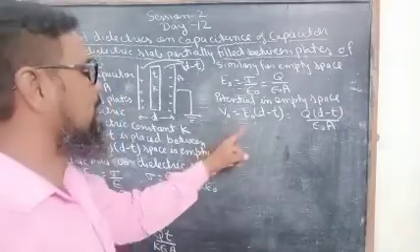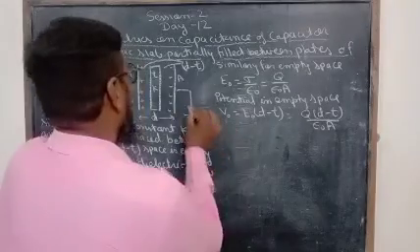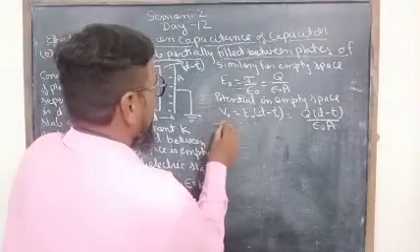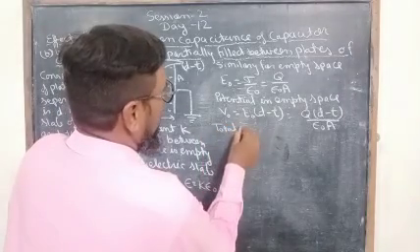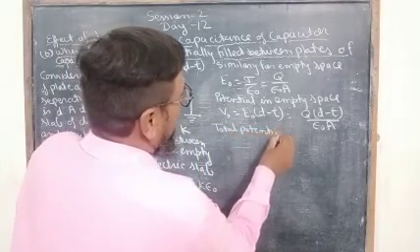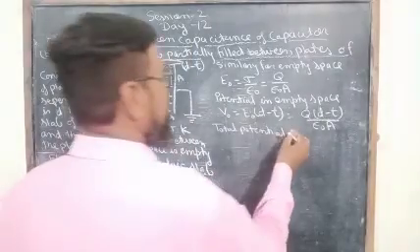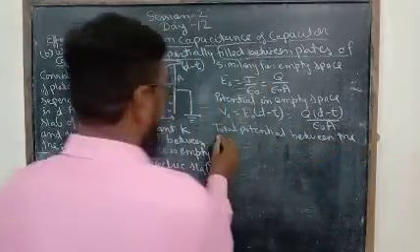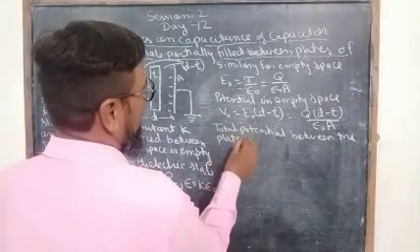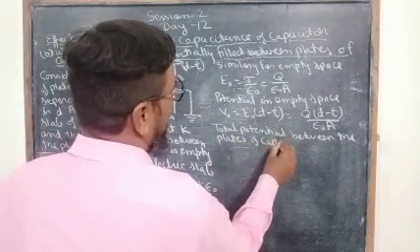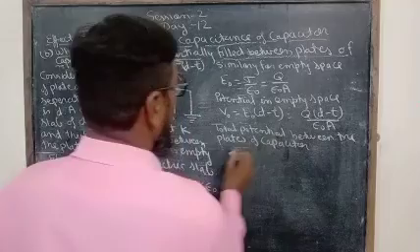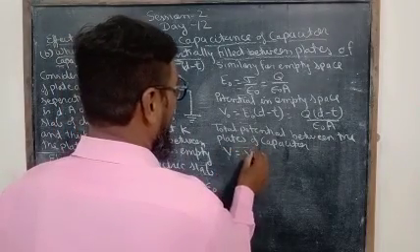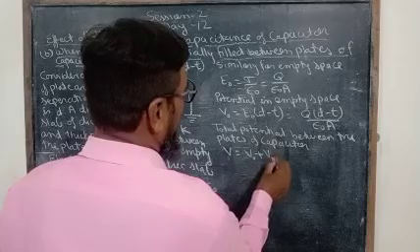So these are the two potentials, one for the slab region and the other for the D minus T region. So the total potential between the plates of the capacitor is V is equal to V0 plus Vm.